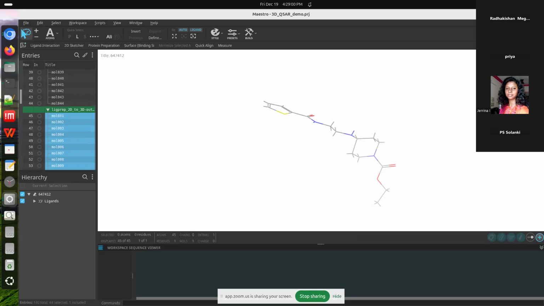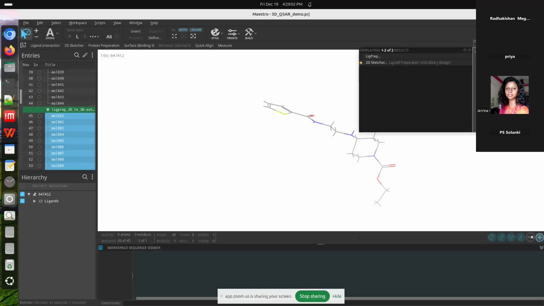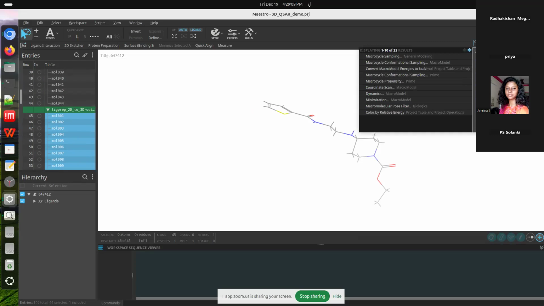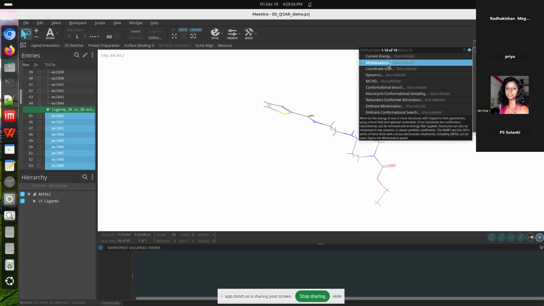Before doing that, I will show the other option which you can do. This is not the only way you can prepare the ligands, there is another way to do that, which is MacroModel. So the MacroModel will also prepare the ligands for QSAR. When you select MacroModel, you can navigate to minimization, where you can prepare the ligands for QSAR.